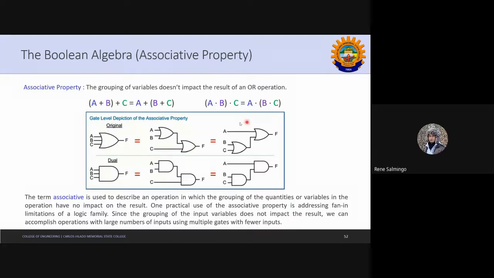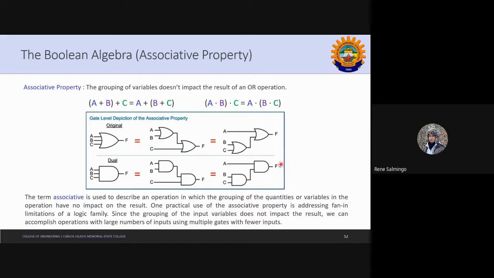It's the same also if you have A on the output and you have B or C on this side. Now for the duality, we have A and B, and this is A and B and C. This is your first diagram, and your output diagram is A and of B and C. This is how it was grouped.